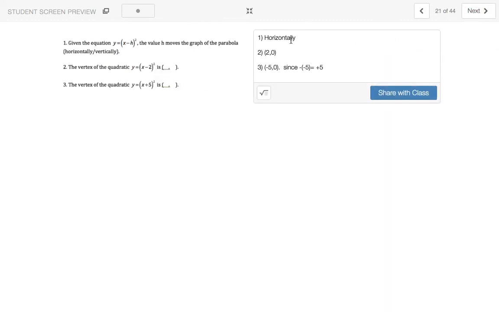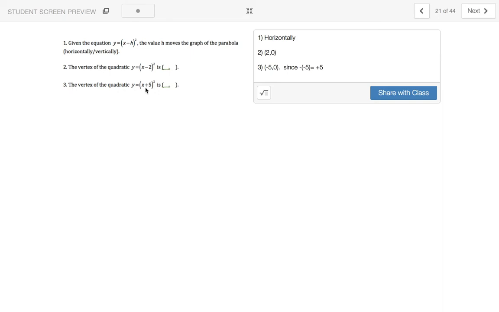So let's keep that in mind. The next one says, given the equation y equals (x minus h) squared, the value of h moves the graph of the parabola horizontally. The vertex of the quadratic in this particular case is going to be (2, 0). Even though that's a negative, remember h is not the negative sign. H is just the value that's being subtracted.